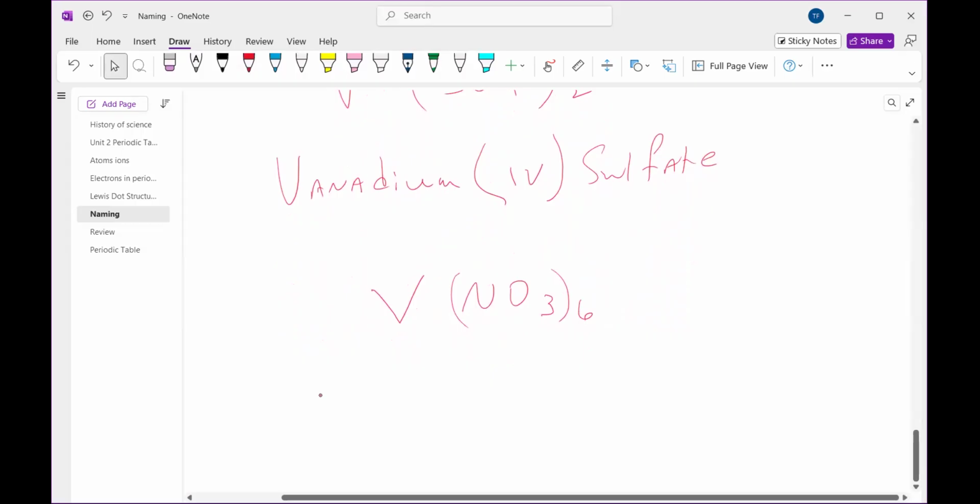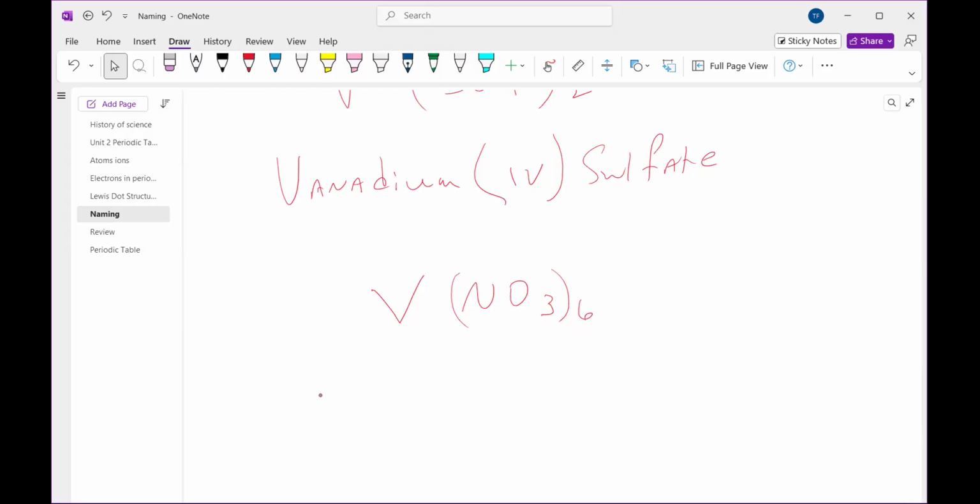How would I write the name of that? Same thing as the prior one. What's the charge on NO3? -1.